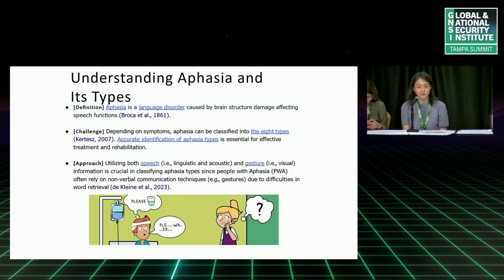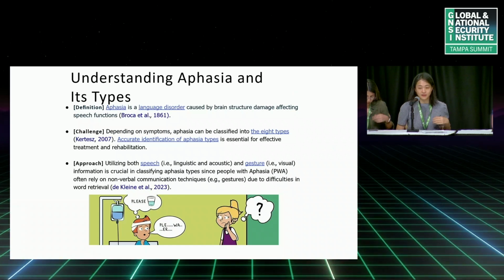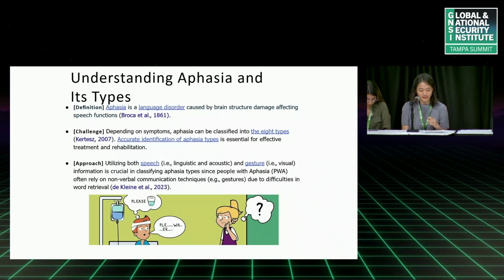Aphasia is a language disorder caused by brain structure damage and affecting speech functions. Depending on symptoms like severity or fluency and comprehension, aphasia can be classified into 8 types. Accurate identification of aphasia type is essential for effective treatment and rehabilitation.